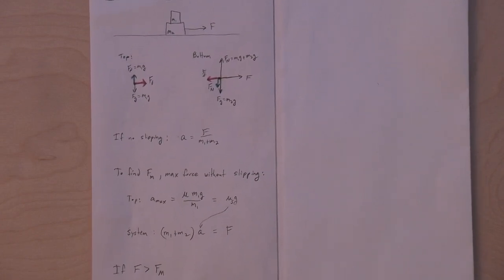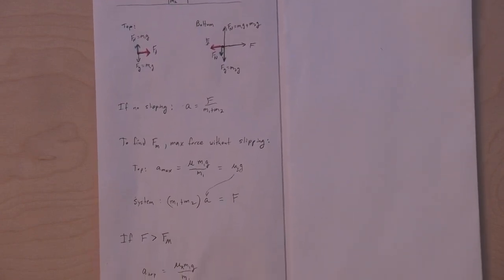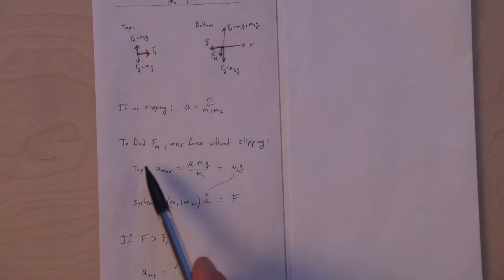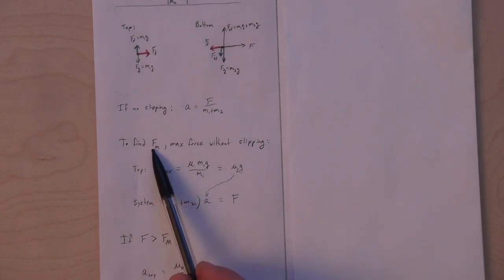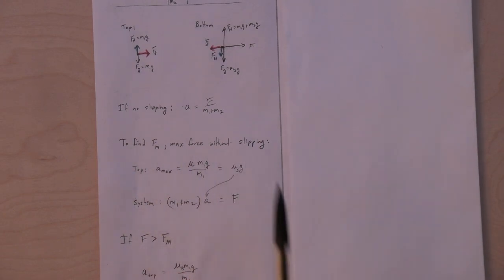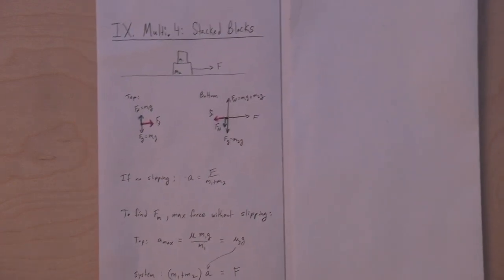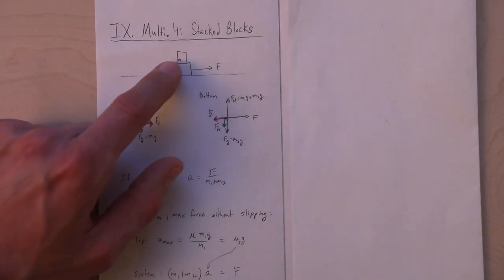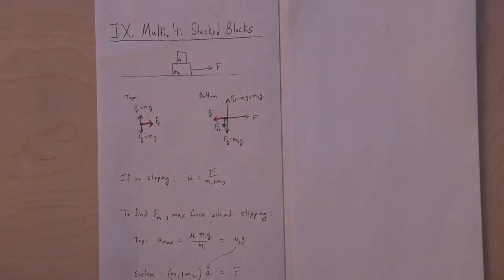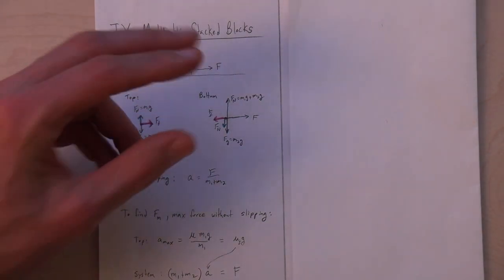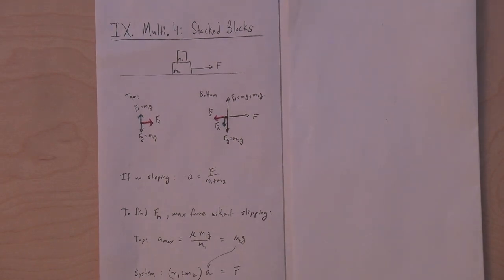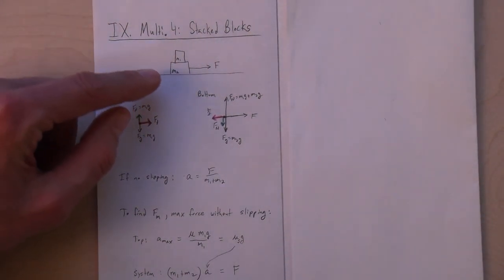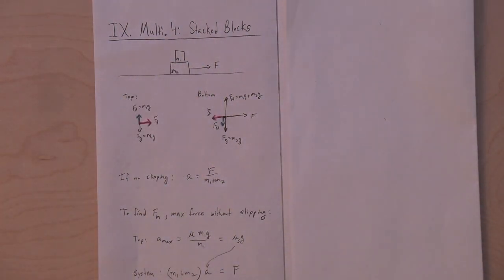But sometimes they ask you to find the maximum force, F max, for there to be no slipping. So you pull, and these go together. Eventually, if you pull the bottom fast enough, it's going to pull out from underneath M1. So we're looking for that force where it's about to pull under. They're still moving together, but any harder that I pull, and this will pull out from underneath block 1.